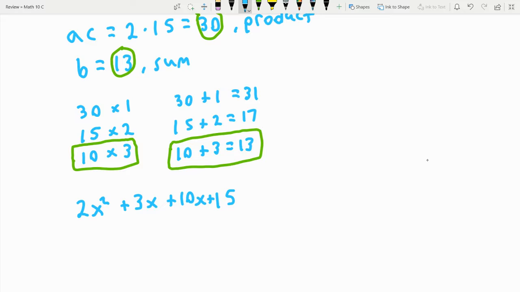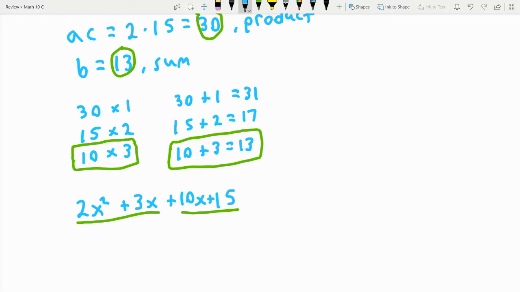So once I have it in this step, here's what I want to do. Depending on how I break it out, in this case I chose to put the 3 before the 10, I want to consider these two terms separately for now. And I want to see, within these two terms, is there any common factor that I can divide out?